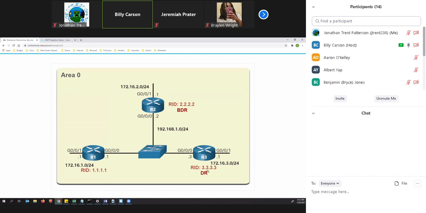If it didn't have the router ID, I don't see a loopback here. So then what would be the next thing that it would look at? The IPv4 address? Yes, it's that IPv4 address. So when it looks at that IPv4 address, let's look at that. Let's say we're keying off of that. Okay. So if we're keying off of that, what would be the designated router based off of the highest one?